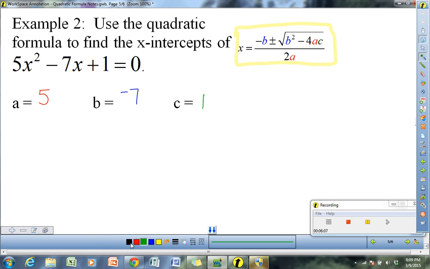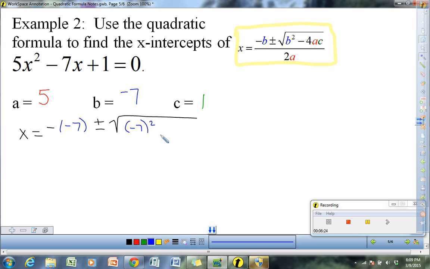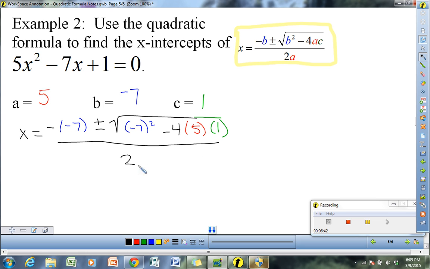So I'm going to have x equals negative, my b term is negative again, so make sure you put parentheses around that. That won't always be negative. Plus or minus the square root of negative 7 squared minus 4 times my a term, which is 5, and my c term, which is 1, all over 2 times a, which is 2 times 5.